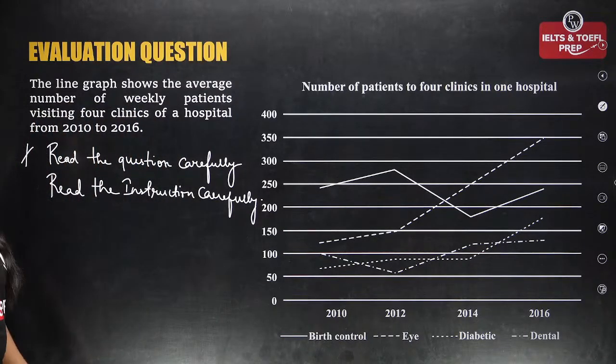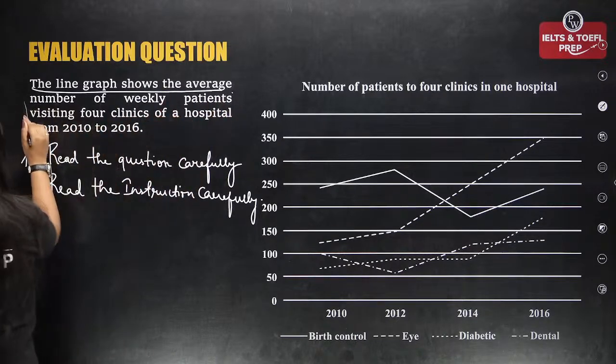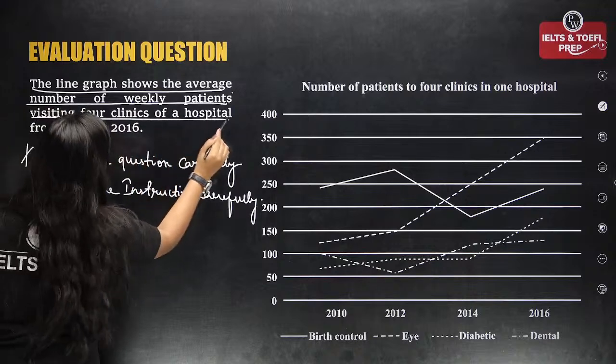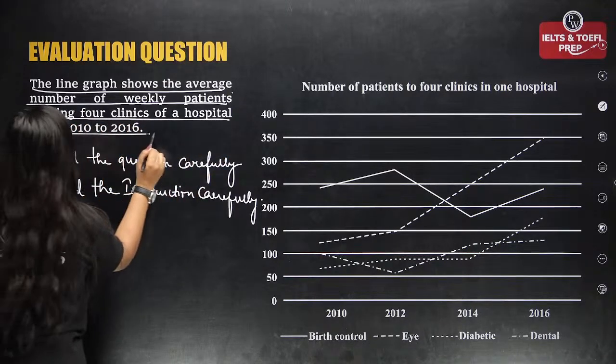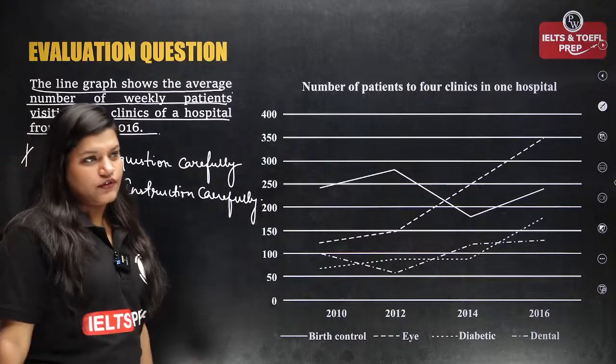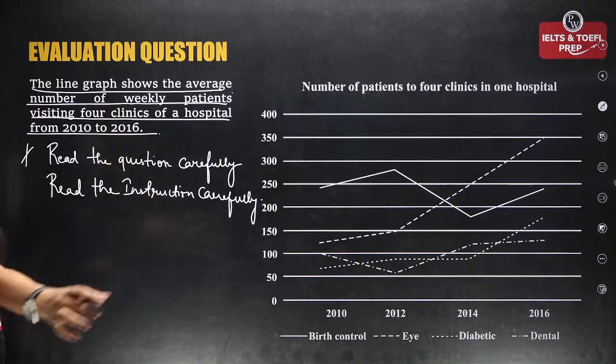Okay, now listen to me carefully. The line graph shows the average number of weekly patients visiting for clinic of a hospital from 2010 to 2016. Got the question? I'm reading it once again, now pay attention.